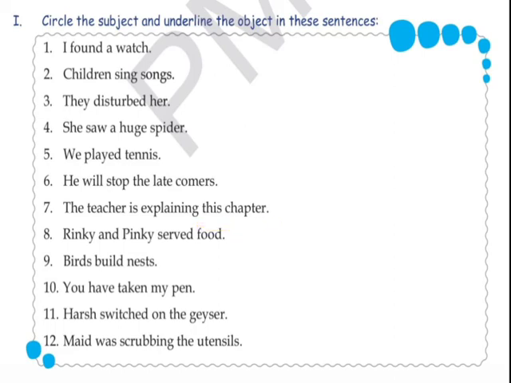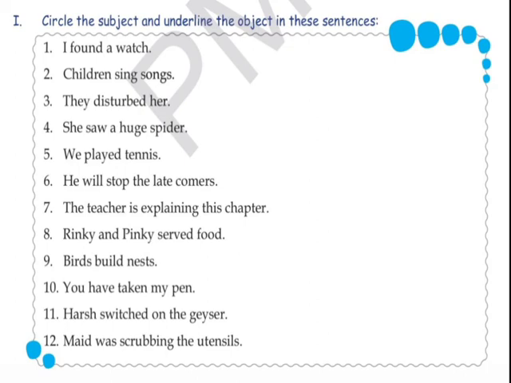Now, number 8, Rinky and Pinky served food. Who served food? Rinky and Pinky. So, that is subject. And Rinky and Pinky served what? Food. So, food is object. Now, number 10, birds build nests. Who build nests? Birds. So, birds is subject here, and birds built what? Nests. That is object. Now, number 11, you have taken my pen.